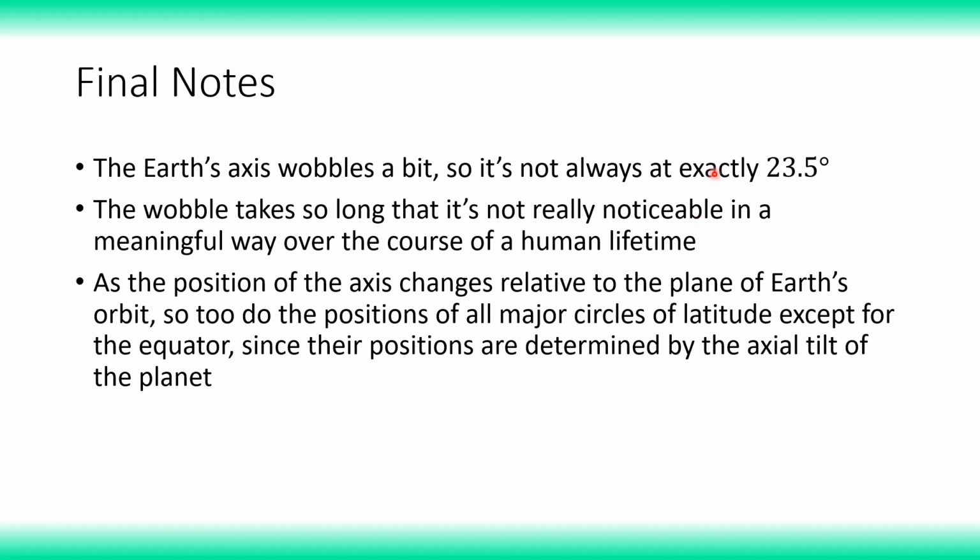As we saw, the northern and southern tropics are 23.5 degrees north and south of the equator, and the Arctic and Antarctic circles are 23.5 degrees south and north of the poles. So it's all dependent on this number right here. If this number changes, the positions of all of those, except for the equator, because it's at 0 by definition, would all change. And that's something that you can look into or ask me about when we have our next live class on Tuesday. But until then, that's basically it.